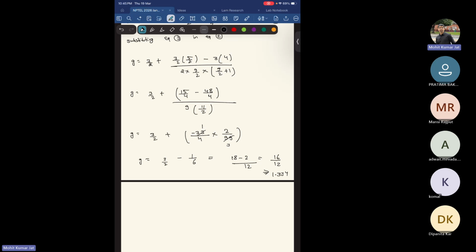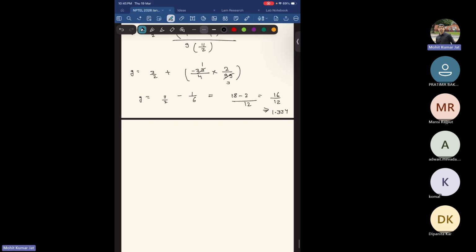So now we know the value of g, the Landé g factor for cobalt is roughly 1.334. Let me label this as equation number 4.